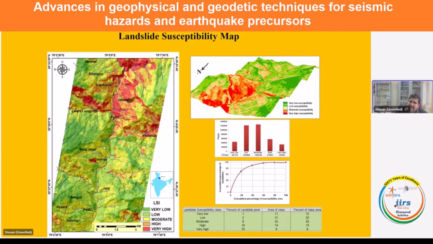Collect suppose 25 such points from those areas, and some from your landslide area that you can physically verify on the field. So these 50 true negative points and 50 true positive points, you have to give to the software, and based on that the true positives and true negatives will be compared with this map.